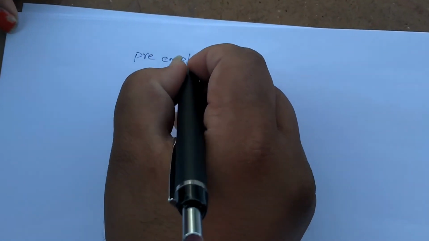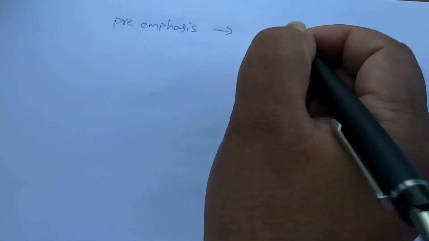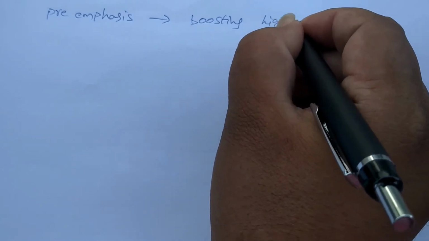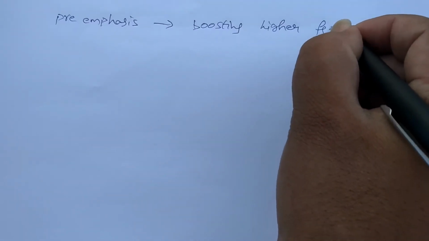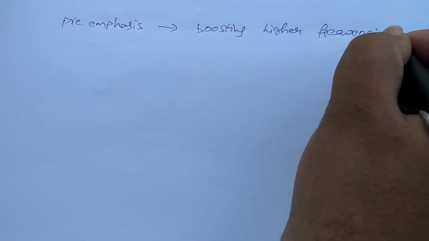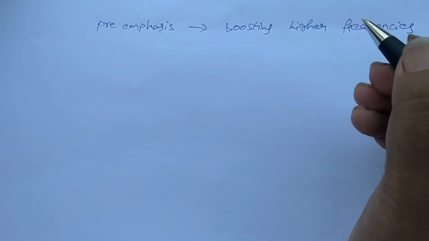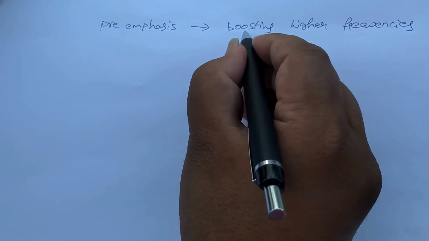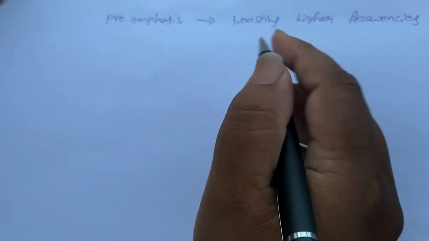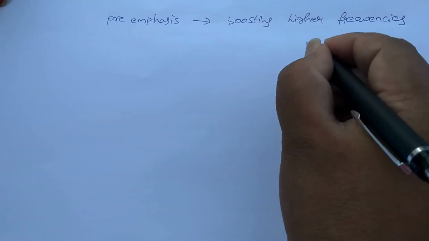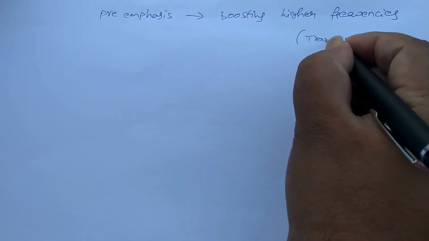The basic concept of pre-emphasis is boosting higher frequencies, because we know that with the FM demodulation process, higher frequencies are affected. That's why before the process, we increase and strengthen the higher frequencies. Pre-emphasis is normally implemented at the transmitter side.